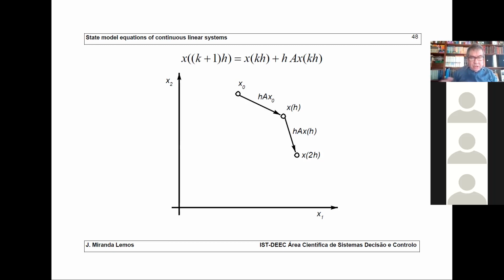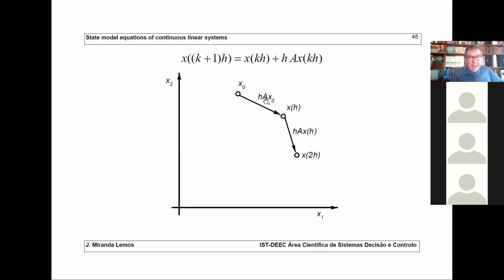In higher orders, you cannot do a plot. So suppose that you only have two variables. So you start with an initial condition. And to pick up the next point that satisfies the differential equation, you add to this point h, A, x of 0.